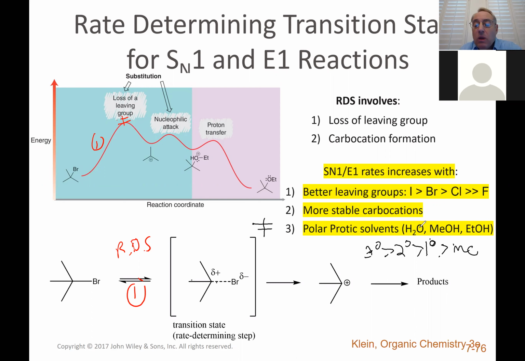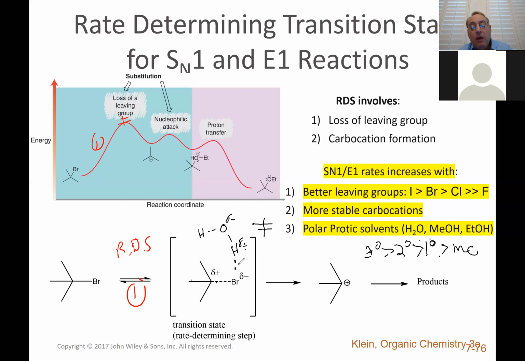Well, the polar solvent stabilizes charges. The more polar a solvent is, the better it is at stabilizing charges. So you see the transition state charges are developing. And furthermore, these species can hydrogen bond to the Br minus that's forming and stabilize it.